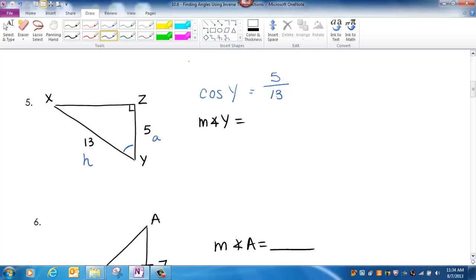So then to find the angle y, we're going to use inverse cosine of 5 over 13. And then that will tell us that the measure of angle y is approximately 67.4 degrees.